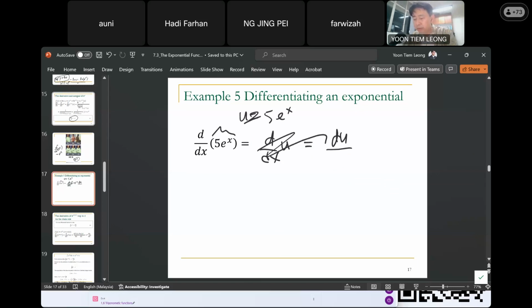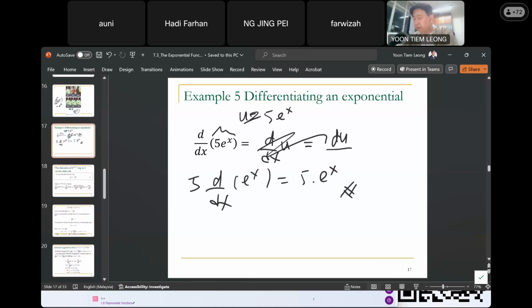What I need to do is that d/dx of 5e^x is just 5 times d/dx of e to the power x, and this is just equal to 5e^x. So this is an extremely simple example of differentiating an exponential function.